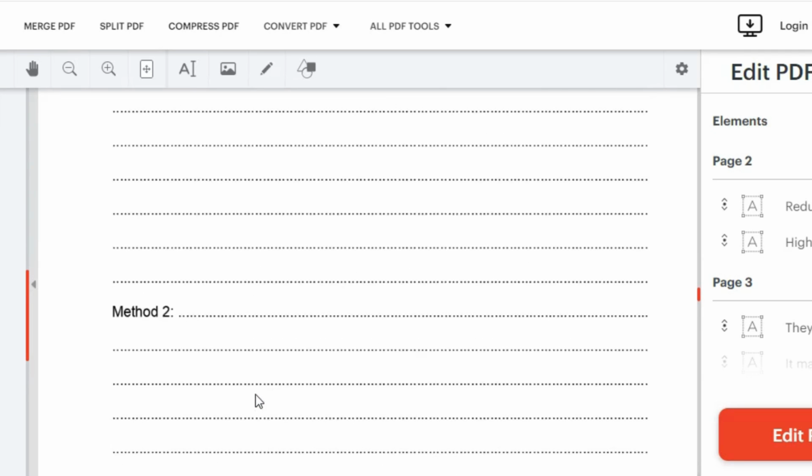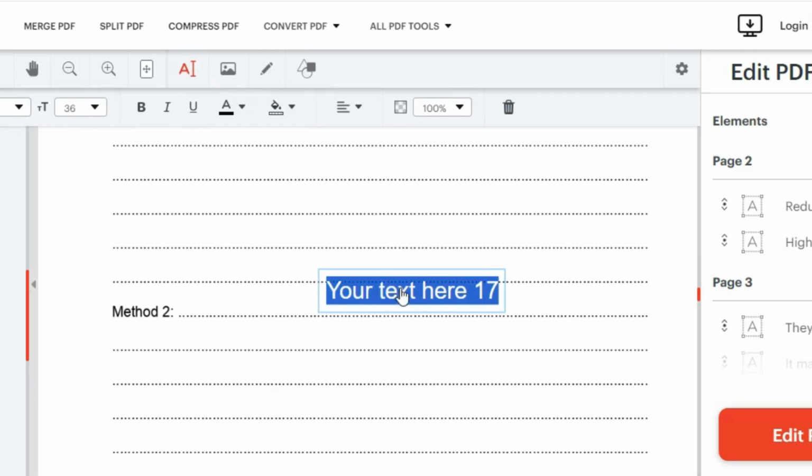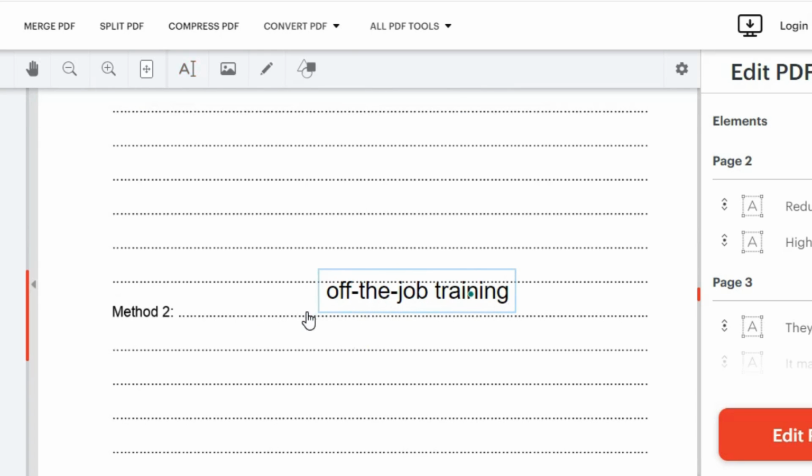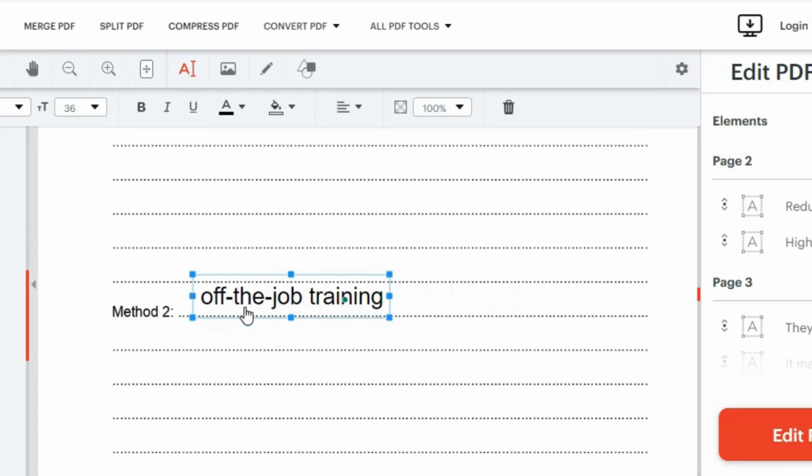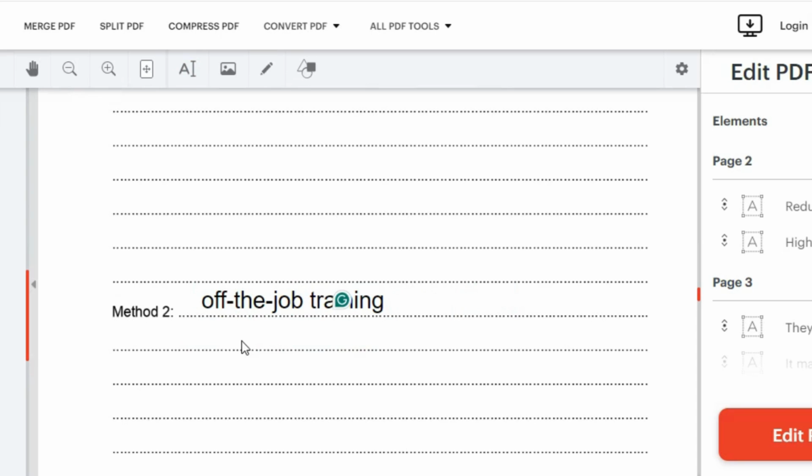The method 2 that we have is off-the-job training. Off-the-job training, as I just explained, is training that takes place away from the work environment. Now, how does this off-the-job training affect RW company?